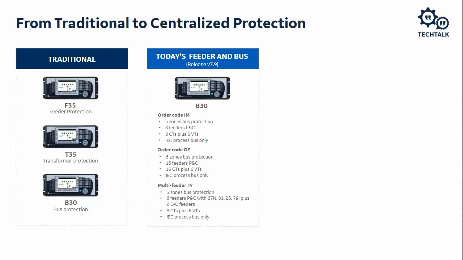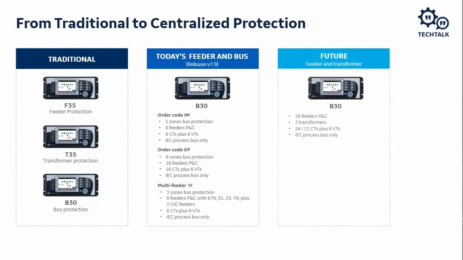The plan is to have a B30 variant that will do up to 16 feeders PNC, 2 transformers, and it will do the 16 feeder protection like the IY does the 6. So it will have the directional elements, that sort of thing. But it will also incorporate 2 transformers.